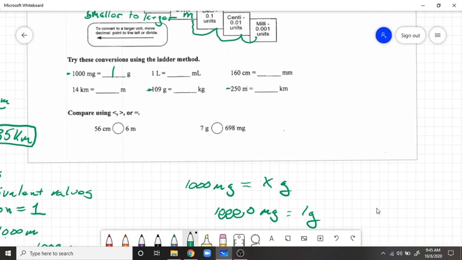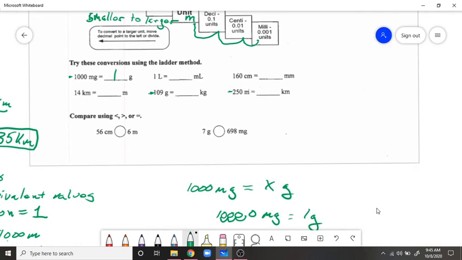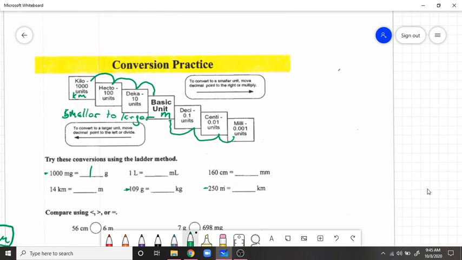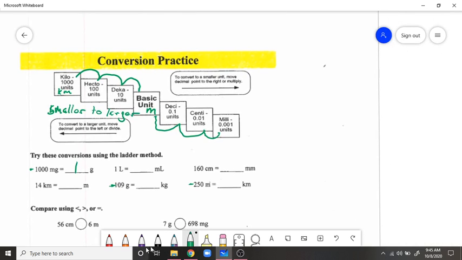I want you guys to do these next 2 steps, to go in the other direction. I have a really big number and I'm going to convert it to a small number. So now we are going larger to smaller.